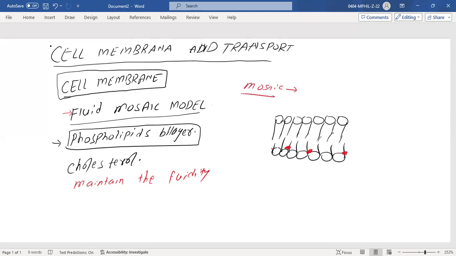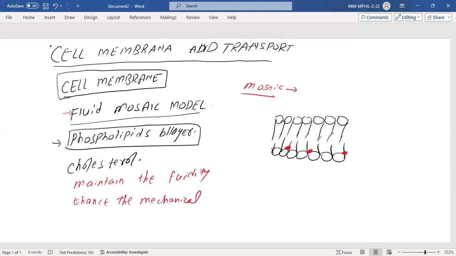So this cholesterol is actually helping the cell membrane to maintain its fluidity, and it also enhances the mechanical stability. The second function of this cholesterol in the cell membrane is to enhance the mechanical stability. What do you mean by this mechanical stability? When any type of pressure is exerted on this cell membrane, the cell membrane is not going to lose its overall structure, right?